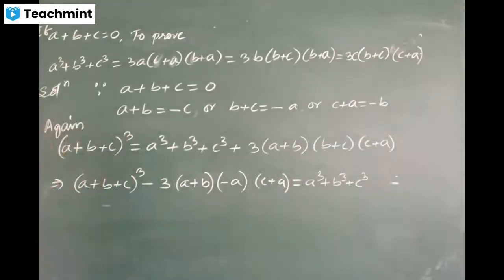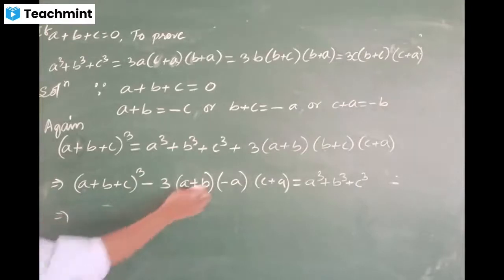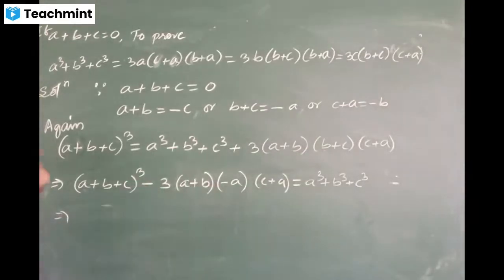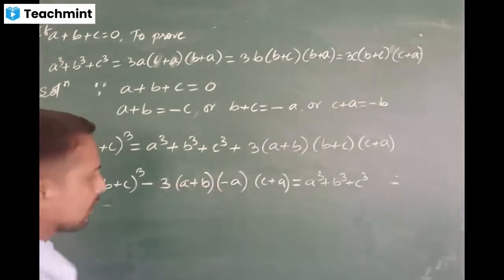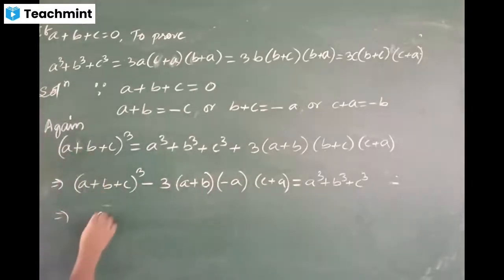Minus into minus becomes plus, and A plus B plus C is equal to 0.